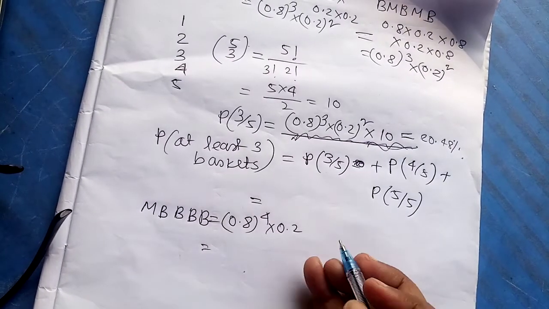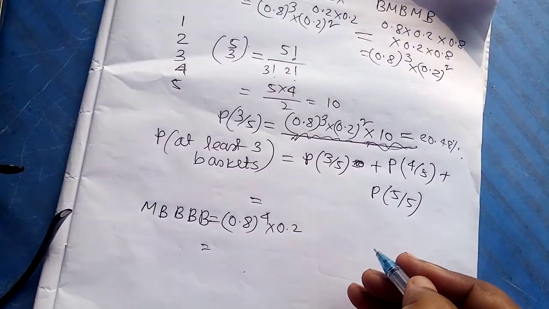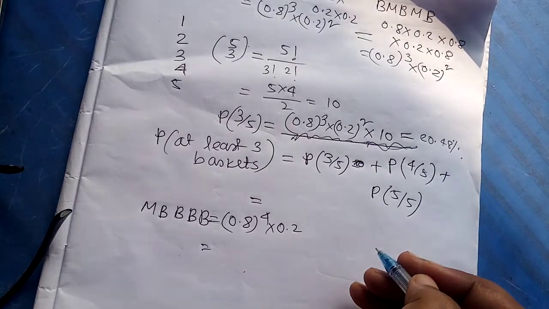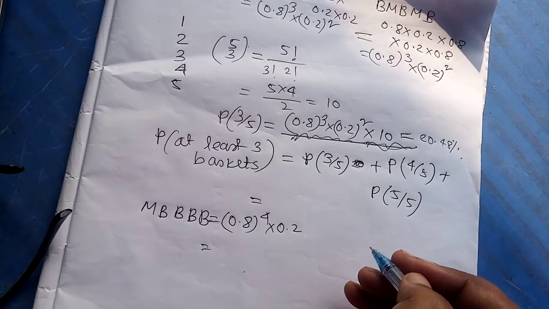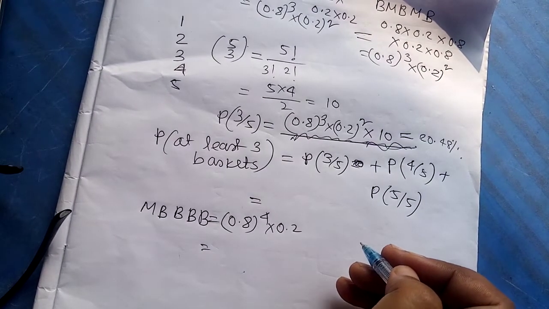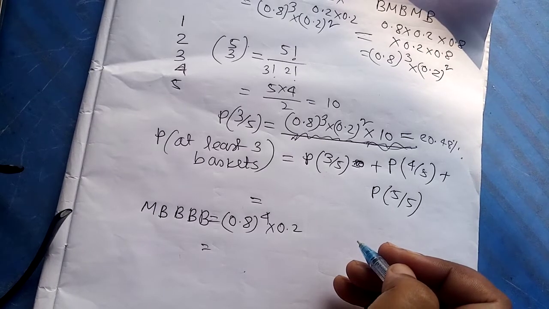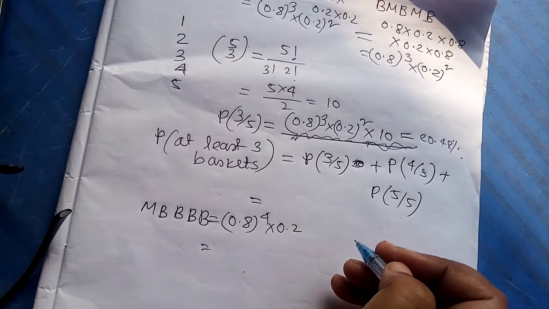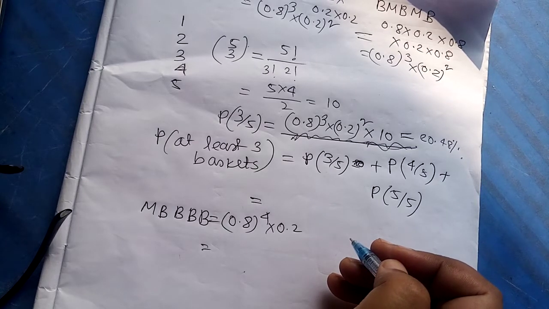And then it could have been basket, miss, basket, basket, basket. That's also exactly 4. But the probability of getting any one of these particular combinations is exactly this, 0.8 to the 4th times 0.2.